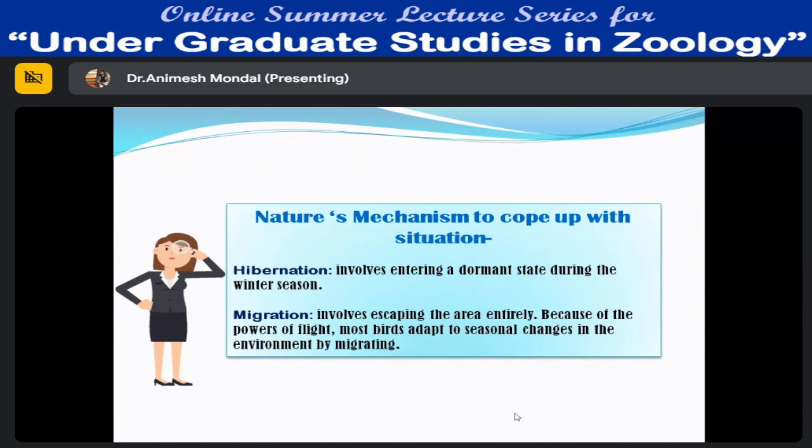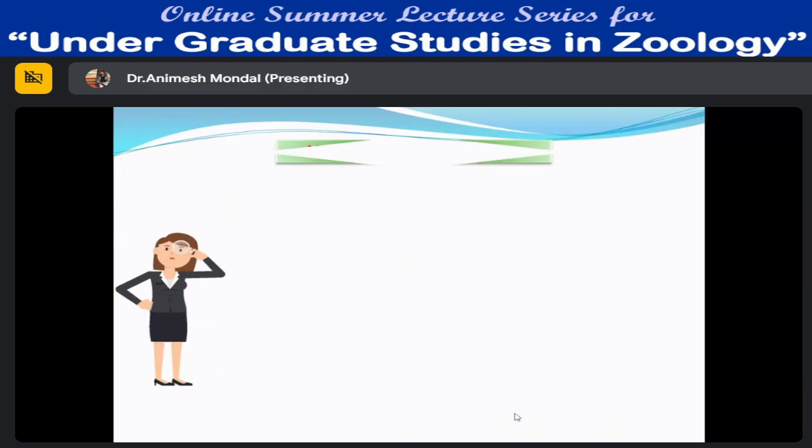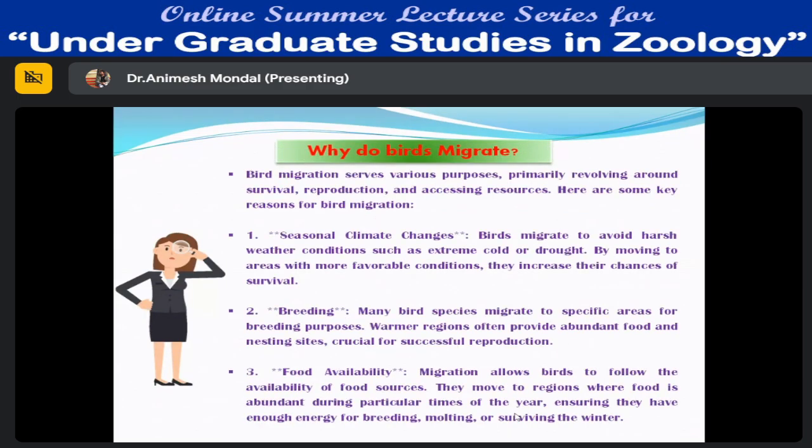But in case of migration, the animal is leaving that particular place for a certain period of time. So why is migration necessary? Bird migration serves various purposes, primarily revolving around survival, reproduction, and accessing certain kinds of resources.